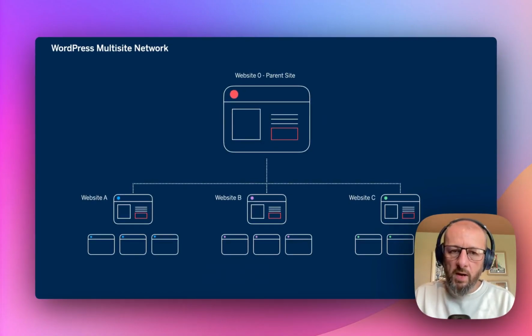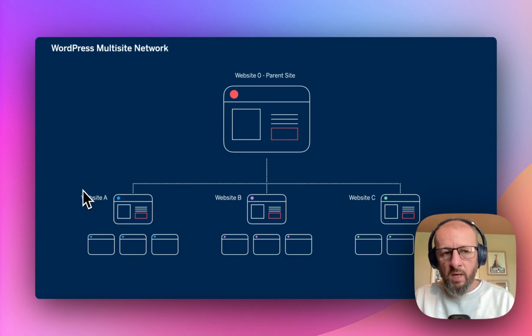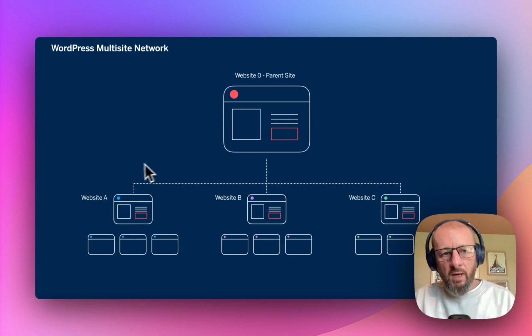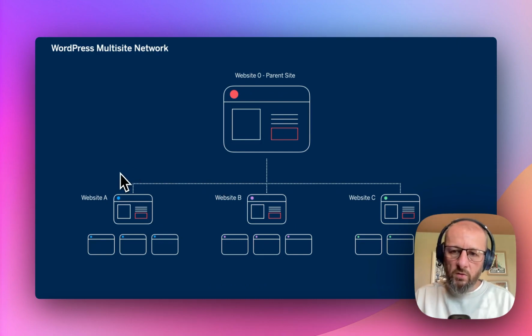That parent site has sets of templates for the pages, for the different components, plugins, etc. And those templates and components are shared across the network. So you can have as many sites as you want. There's 3 on this illustration, but you could have 10, 20, 100, it doesn't really matter. And each one of these sites could be used either for a sub-brand, a different service, or a different language.